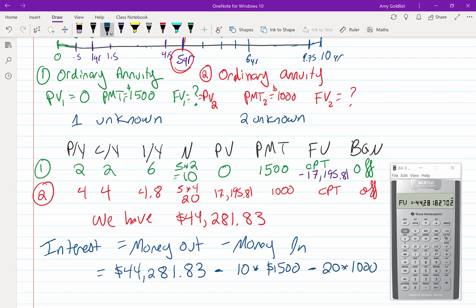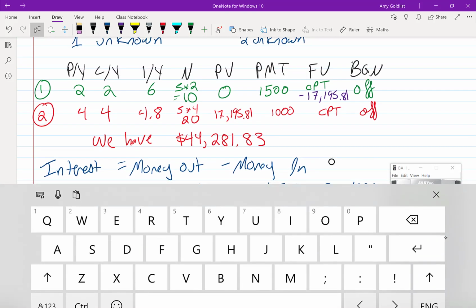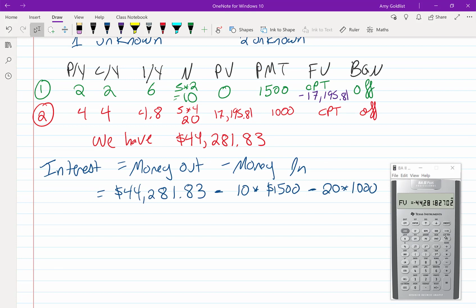Running that through a calculator, we've actually made quite a lot of interest, which is $9,281.83. Follow along on your calculator to make sure you get the right answers.